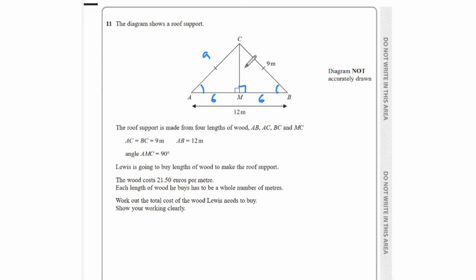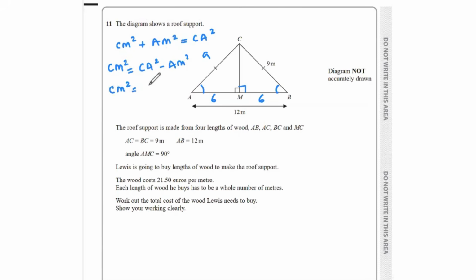In a right angle triangle, if we're trying to find one of the missing lengths and the angle is not given, we can easily use Pythagoras theorem. So it's going to be CM squared plus AM squared equals CA squared. CM squared equals CA squared minus AM squared.